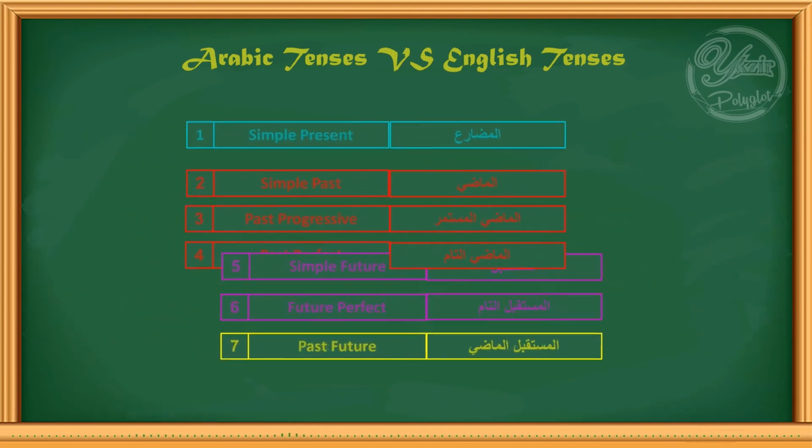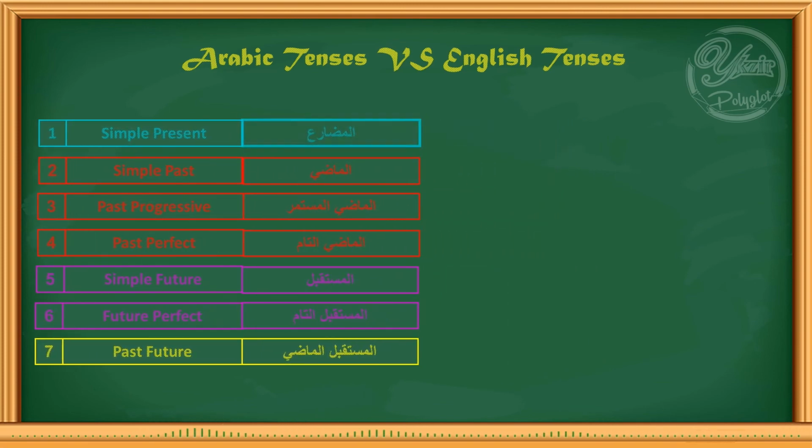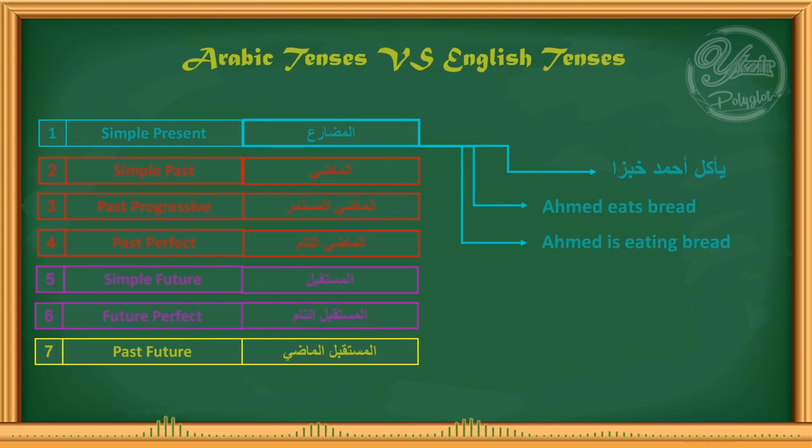Okay, let's take some examples and compare them with English. يأكل أحمد خبزا. The meaning of the sentence can be either Ahmad eats bread as simple present or Ahmad is eating bread as present progressive.